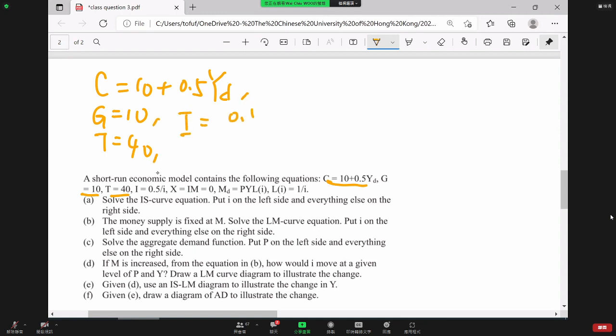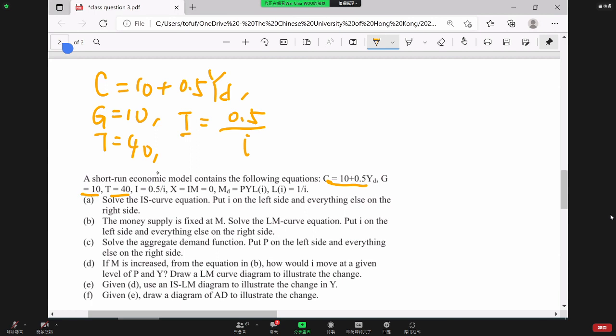Investment is a nonlinear function. This investment is 0.5 divided by i, so it is not a linear function, but it still satisfies our want, because we consider that interest rate should be inversely related to investment.